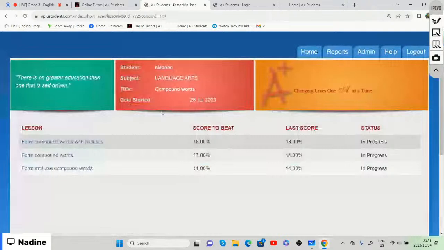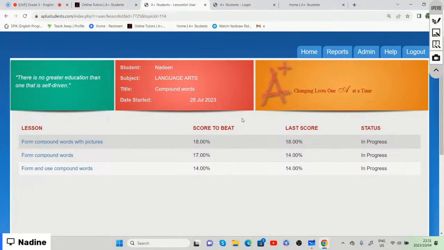All right, so that is our lesson, the second lesson on compound words, right? We were forming compound words now. And remember, we said that compound words are made up of two smaller words, right? If we put those two smaller words together, you either add or join them, and then you can form your compound words.